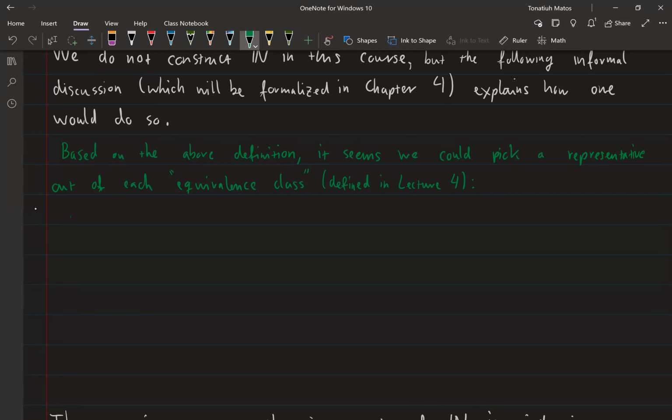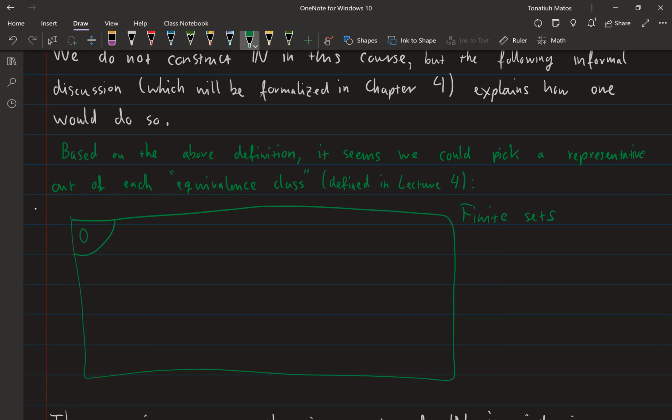So if we have the collection of all finite sets, whatever finite means, I know I haven't really defined what finite means, I will do that in chapter 4. So this is the collection, the family of all finite sets. Then the thing that I just defined is cutting this into pieces, right?